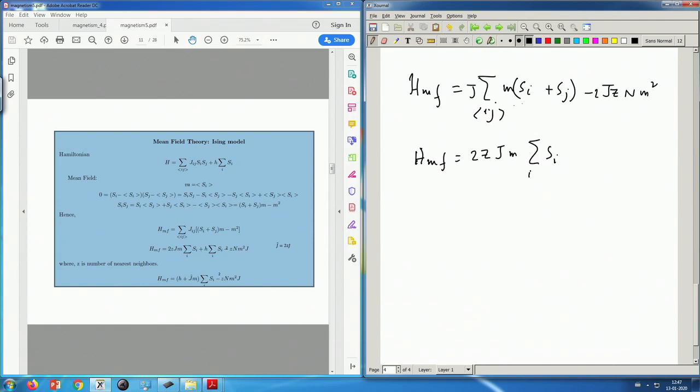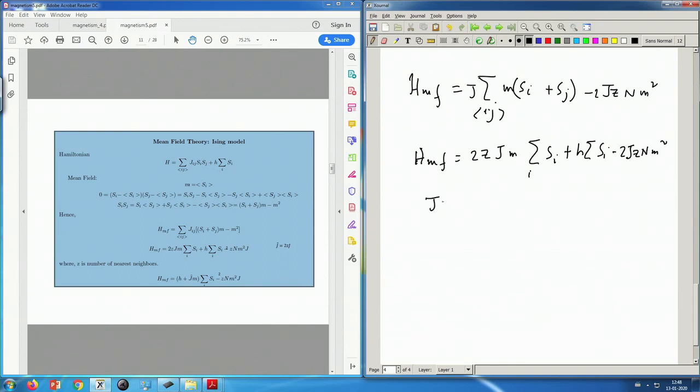For this one j is free, for this one i is free. So, it basically counts the number of sites and it is also the number of nearest neighbors. So, this plus H times S_i minus 2 J z N m squared.